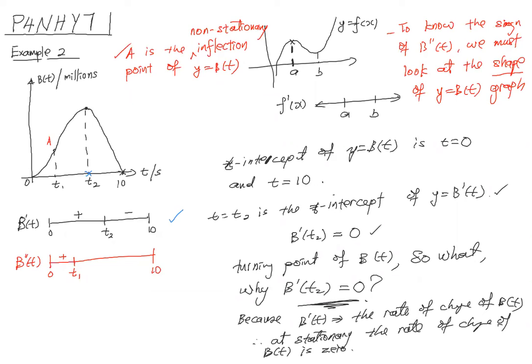Concave upward. Okay, concave upward is a smile. Correct, you are right. You see, you can. It's a matter of whether you want to give me the answer or not.